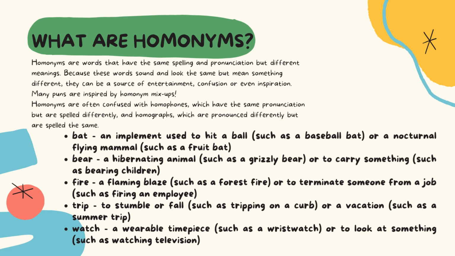In this case, we are looking at one word that is written in one way and pronounced in one way, and it can have different meanings depending on the context. Okay, so because these words sound and look the same but mean something different, they can be a source of entertainment, confusion, and even inspiration.